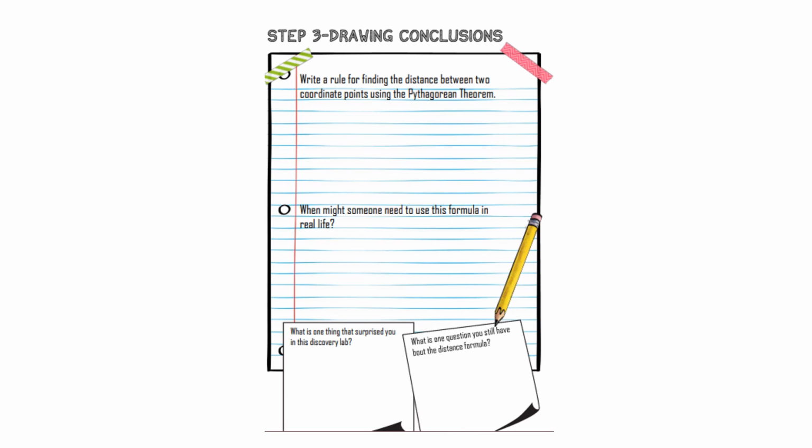Okay, now I need you to finish up these last thoughts here. So this next question, when might someone need to use this formula in real life? So write down your ideas, compare with your neighbors, and then answer the 2 questions at the bottom. So what is one thing that surprised you in this discovery lab? And what is one question you still have about the distance formula? We will go over it again in detail on block day just to make sure you understood it, but please write down your thoughts.